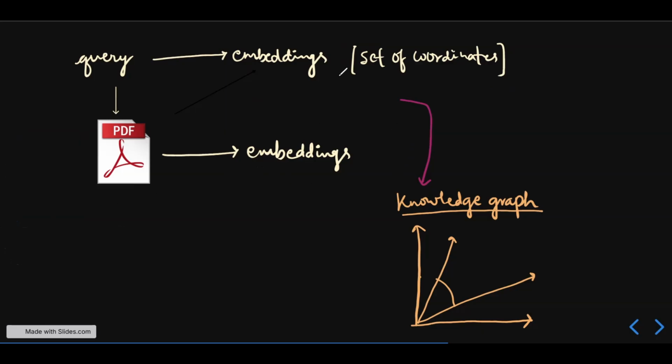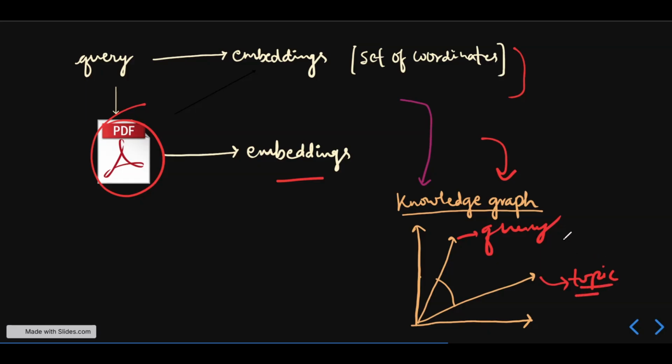After converting our query into embeddings and our PDF also into embeddings, we will make a knowledge graph. You may have heard about knowledge graphs. A knowledge graph is where you have a vector for your query, and a vector for the topic you are searching for, or the topic that resembles your query.